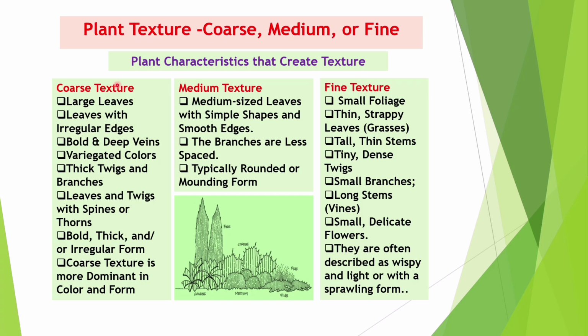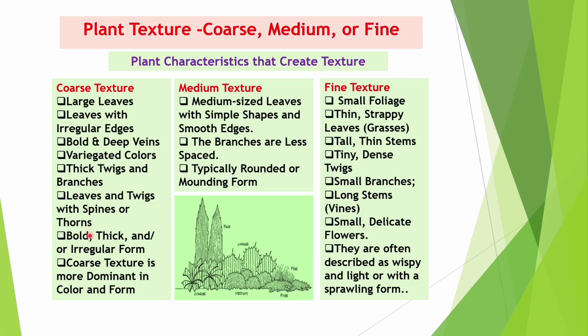First of all, a coarse texture plant will have large leaves, and the leaves will have irregular edges. It will have bold and deep veins. It can be variegated or differently colored. It can have thick twigs and branches, leaves and twigs with spines or thorns.